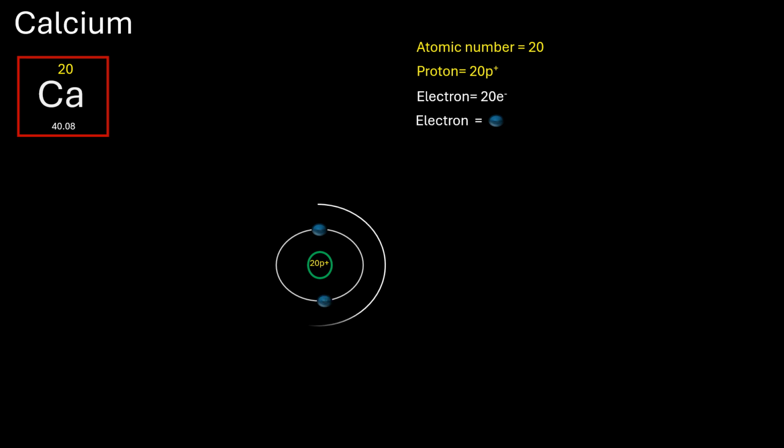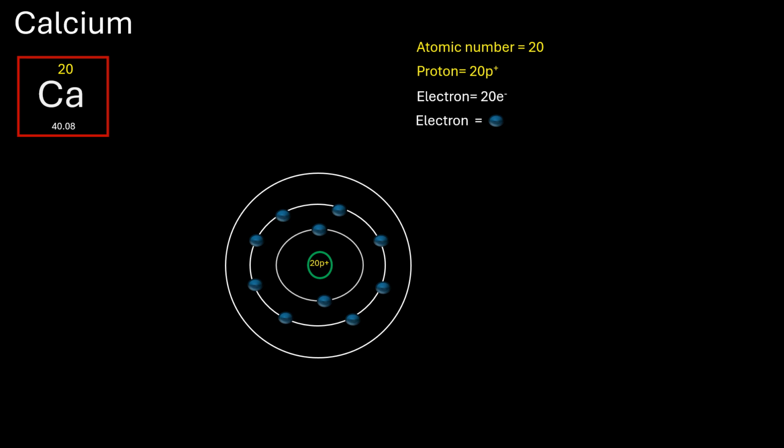So we need to bring the second energy level. Maximum number of electrons it could have is 8. Now we have 8, so this energy level is filled up. So we need to bring another one, the third energy level, which could also have 8 electrons.